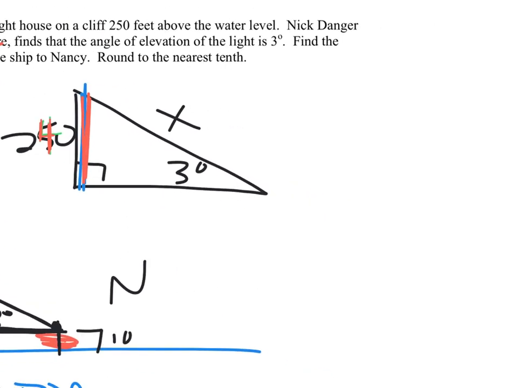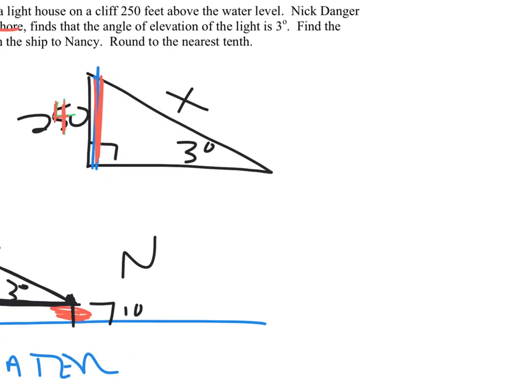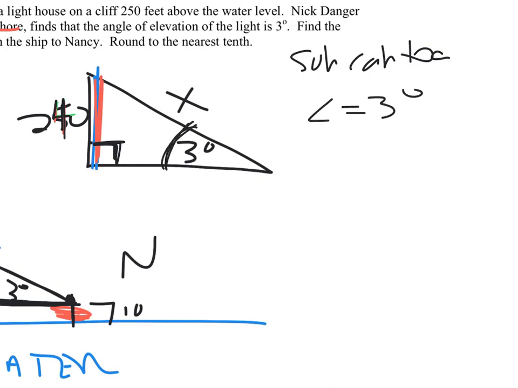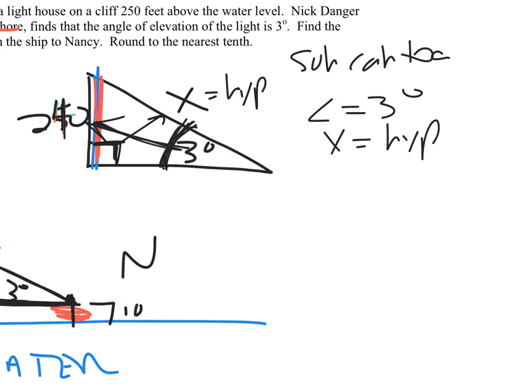Once you have that 240, you go through your checklist. Is this SOHCAHTOA? Do you have a 90-degree angle? And the answer is yes. This water and this cliff, that's 90 degrees. So here the angle is going to be 3 degrees. The hypotenuse is x. That's always opposite the right angle. And since I'm using 3 degrees as my angle, 240 is going to be opposite.